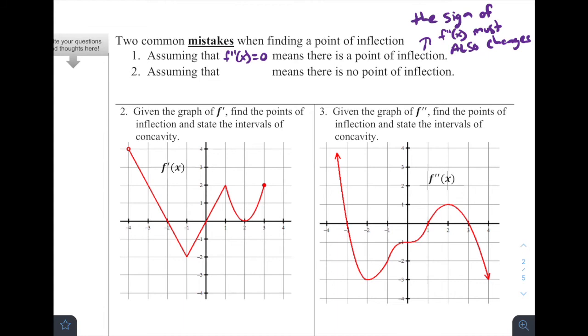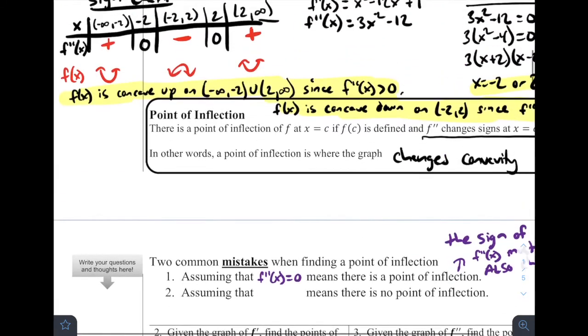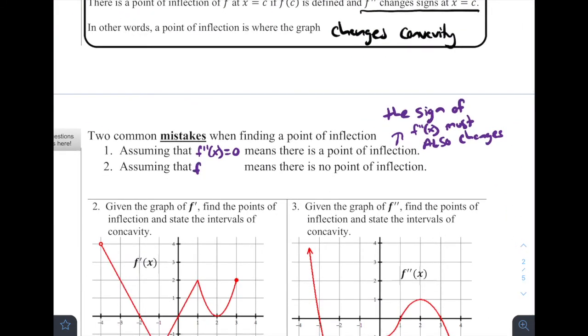The other is that the second derivative not existing. So if the second derivative of x does not exist, people assume that that means that there's no point of inflection. That is not true either, because there might be a reason why that doesn't exist. So for example, let's imagine we've got a function that looks like this.